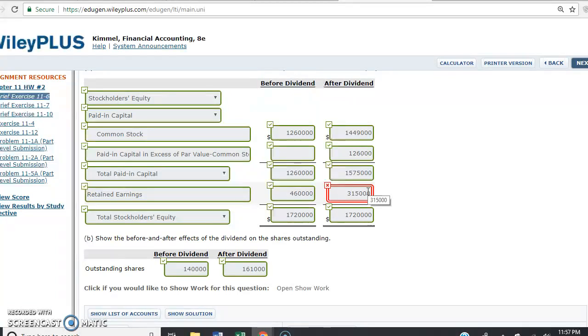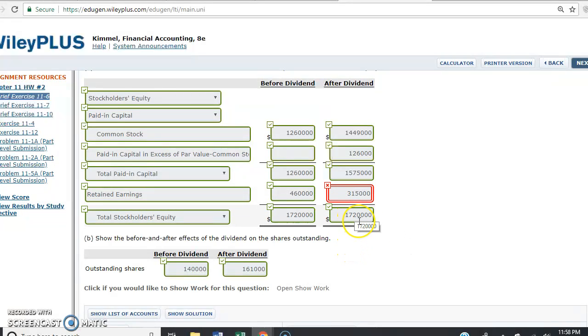I don't know why I was being so stubborn with the retained earnings value, because a stock dividend reduces retained earnings by the number of shares issued times the market price per share. The total stockholders' equity is not going to change at the end of the day.